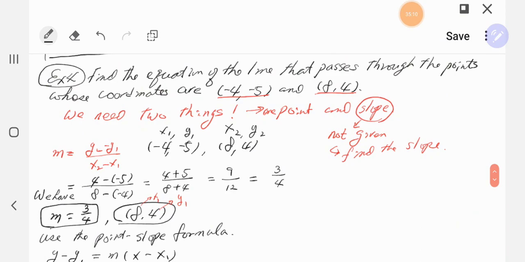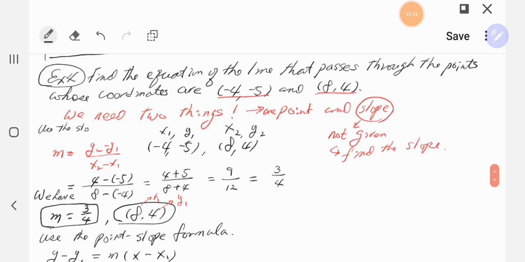In order to write an equation, we need two things. What are they? One point and slope. So if point is not given, find the point. If slope is not given, find the slope. Always, the given information is enough to find the slope. So if 2 points are given, use the slope formula.